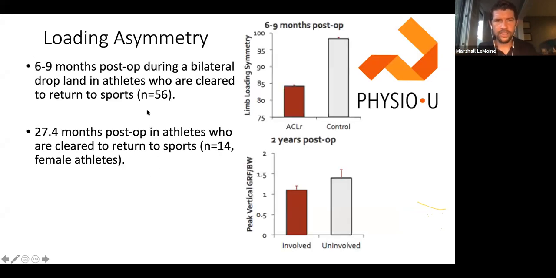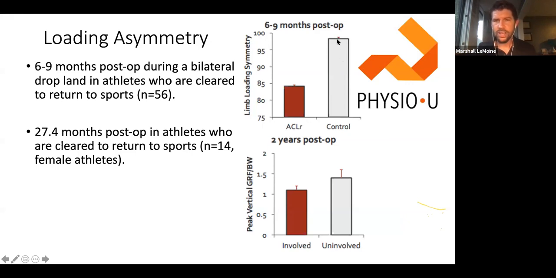If we continue along this asymmetry route and loading, right, 6 to 9 months post-op on a bilateral drop, so they jump off of a step to land. These were people who were cleared to return to sport. So they were saying, hey, you are good to go, right? Go back to anything you want. And you see this big difference in asymmetry.